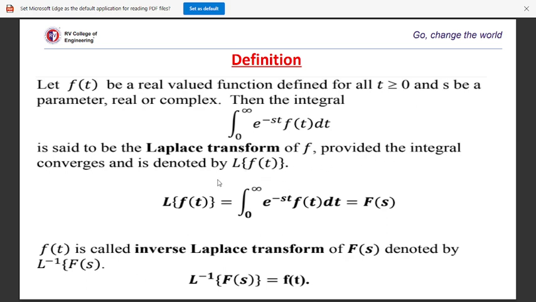It is denoted by L of f of t. Also, we can use one more notation, that is F of s.